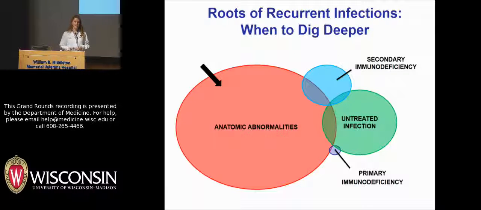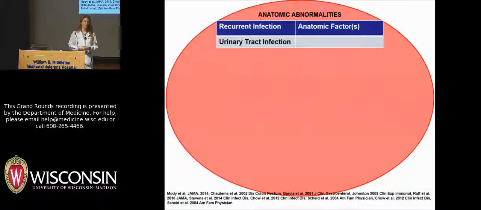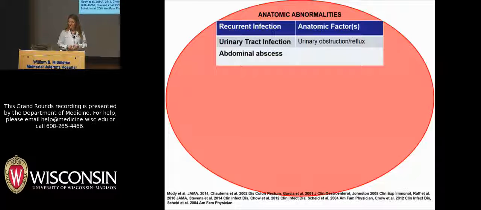So I've given you some examples of anatomic abnormalities that account for cellulitis. And I'd like to discuss a few other recurrent infections that involve anatomic abnormalities. So looking at urinary tract infections and what predisposes to recurrence of these, we see urinary obstruction, reflux, and abdominal abscess. Diverticulosis and inflammatory bowel disease can predispose.